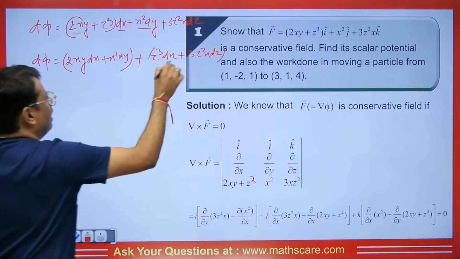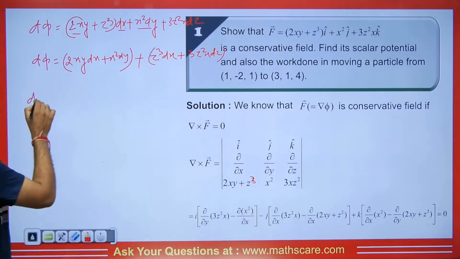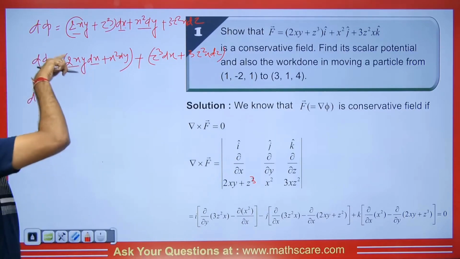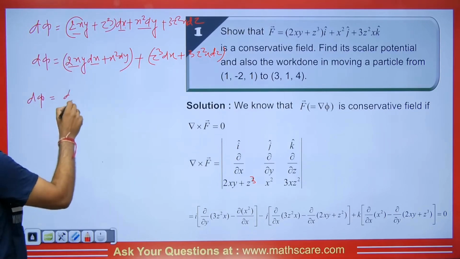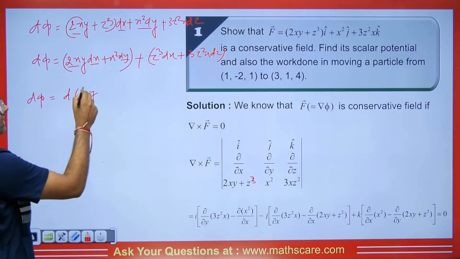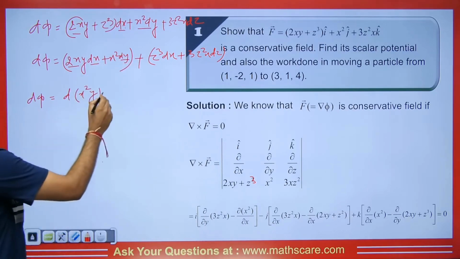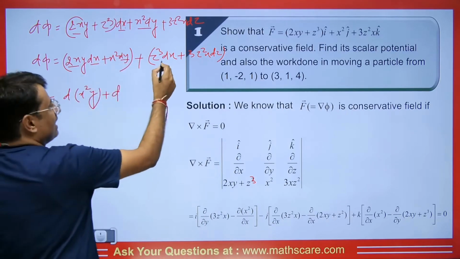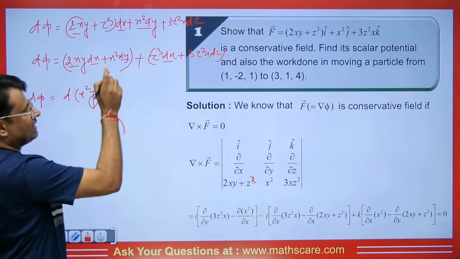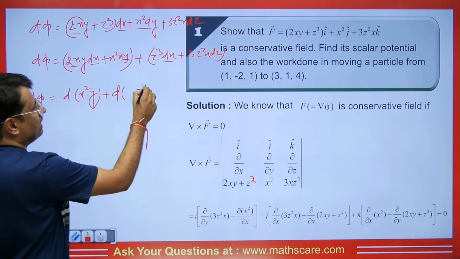Now we know this u into v concept. Here we are calculating differentiation with respect to what? With respect to x. The constant is y, so write here a y. Now differentiating with respect to y, which one is constant? X square. We write it like this, right? If we write this, then differentiation is calculated with respect to x, and the constant is z cube.